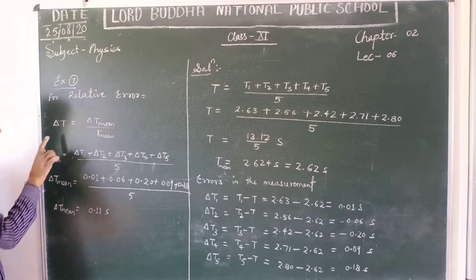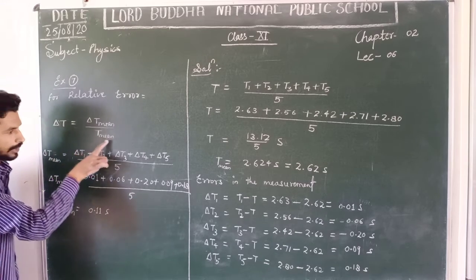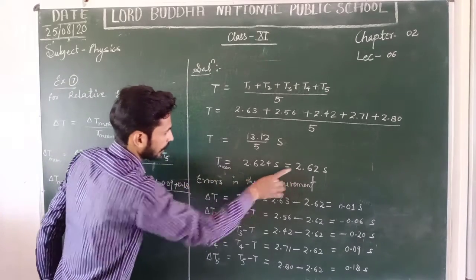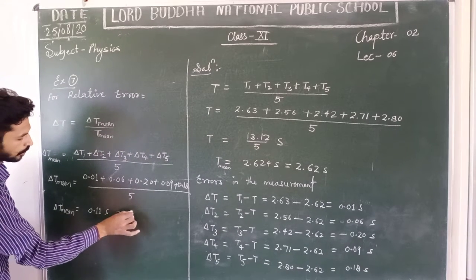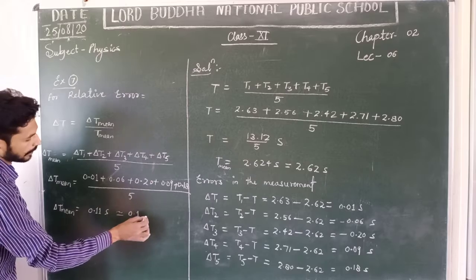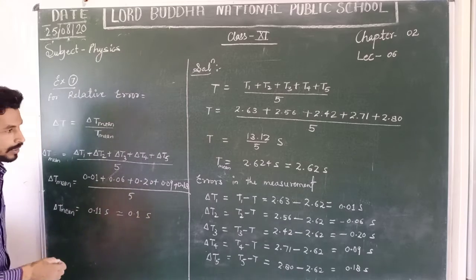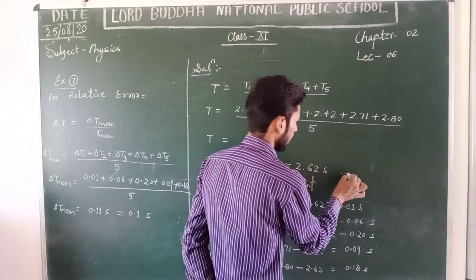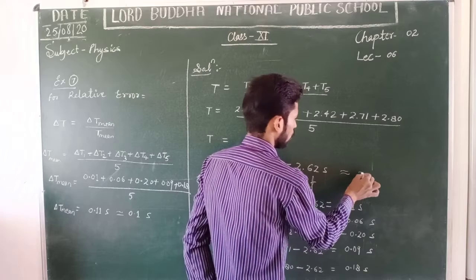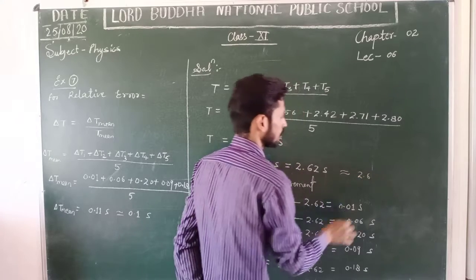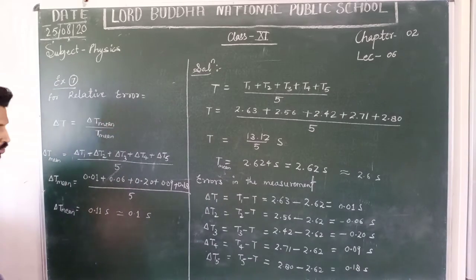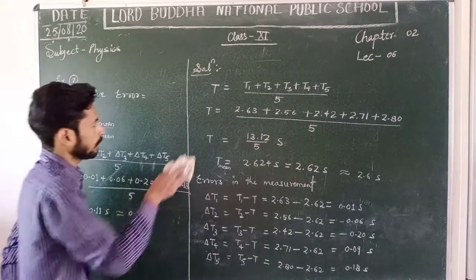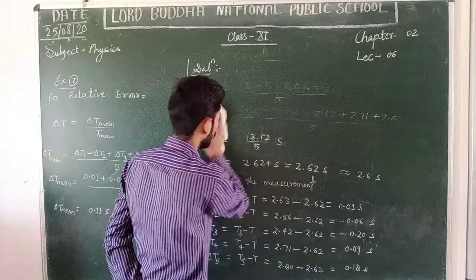And we also know T mean. So we can write approximately 0.1 second, and T mean will be about 2.6 second. So what is the relative error? I'm going to erase this.